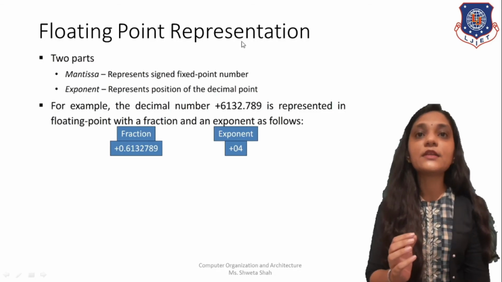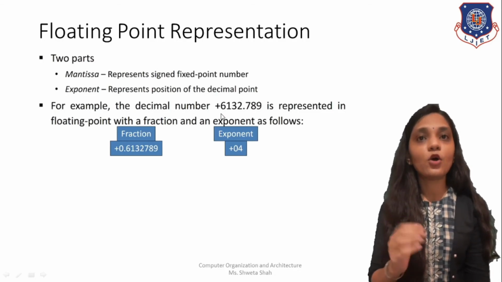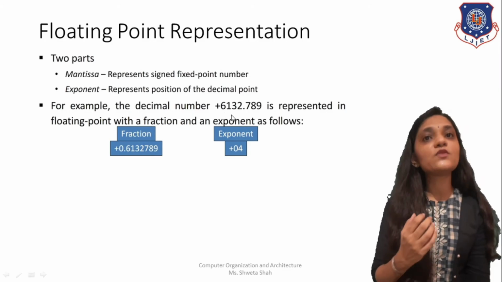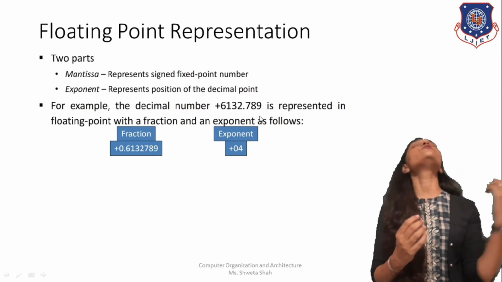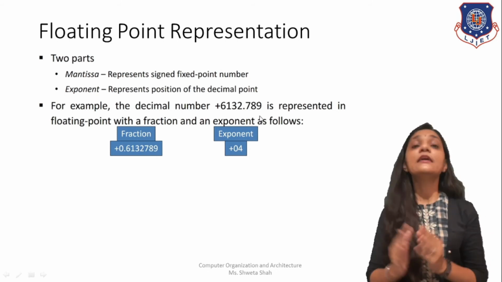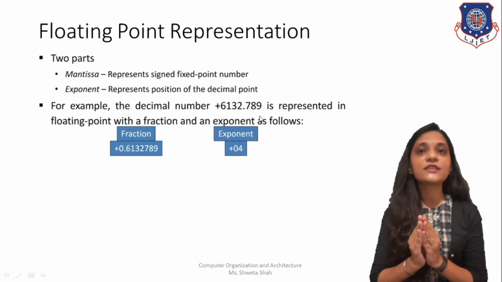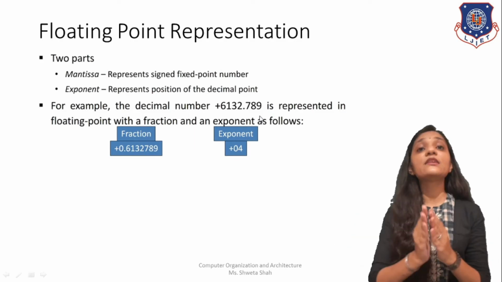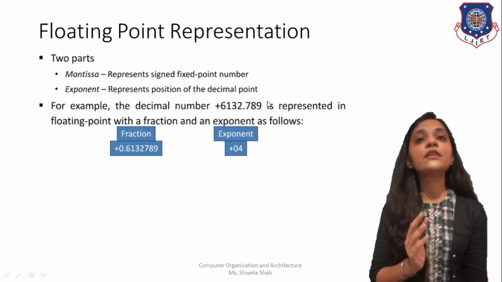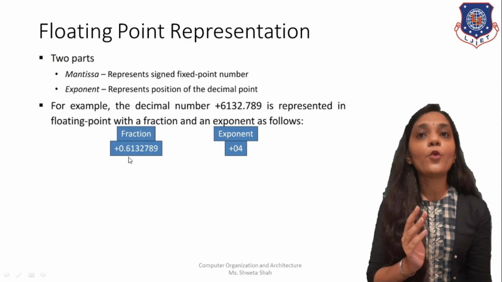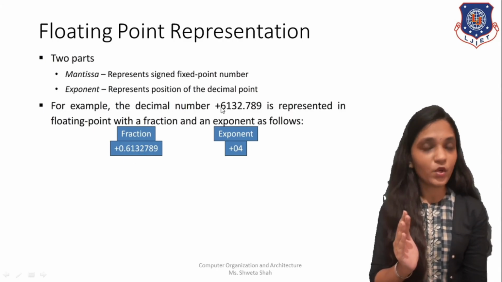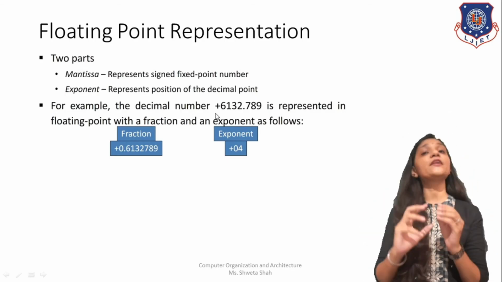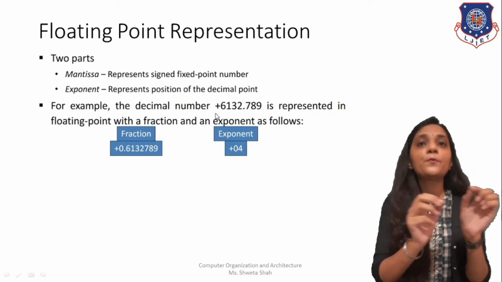A number is given as positive 6132.789. If we want to represent this number in terms of fraction, or fixed point, and in terms of exponent, then we will shift this decimal point over here, so that we get a number of the form 0 point something.